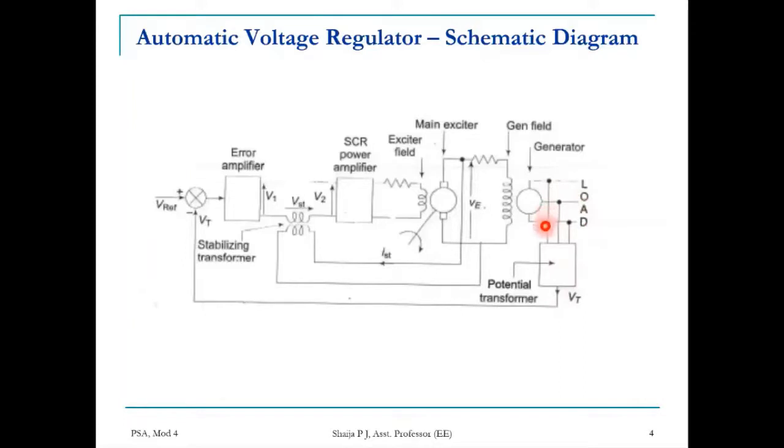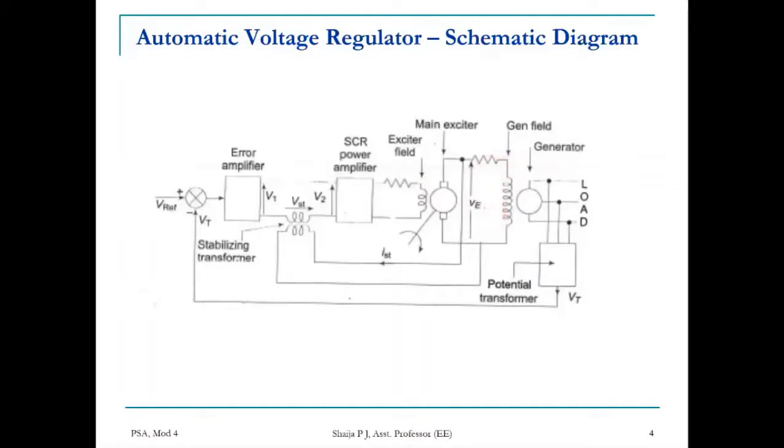The voltage at the bus, or load end voltage, is inputted through the potential transformer here, and this potential transformer output is being compared with the reference voltage, and the error is amplified. There is a power amplifier. This amplified version of that error signal is being given to the exciter field of the main exciter, and the main exciter actually supplies the generator field.